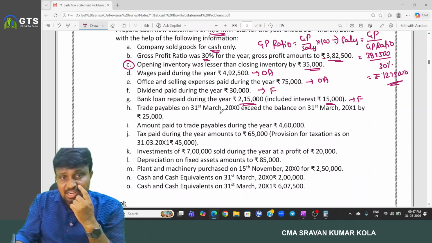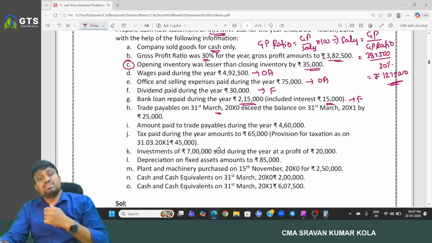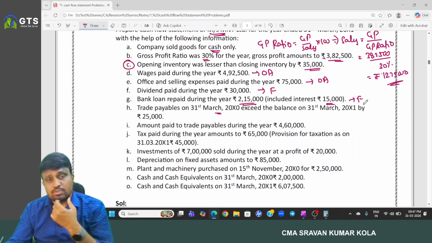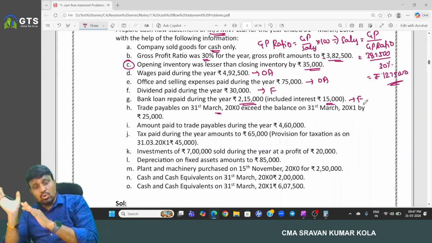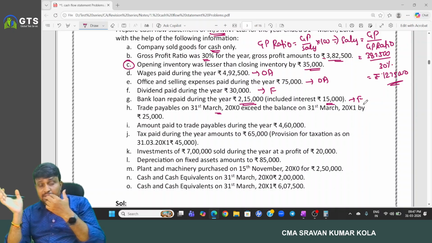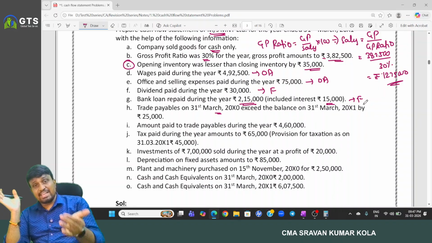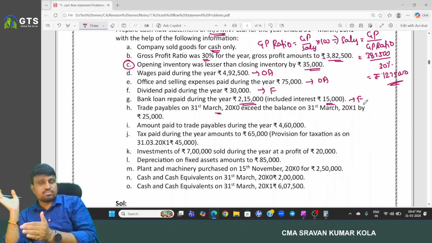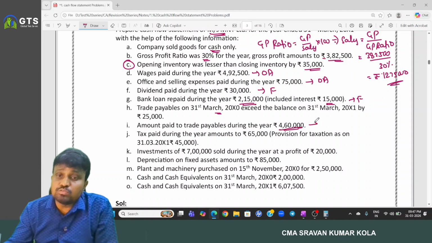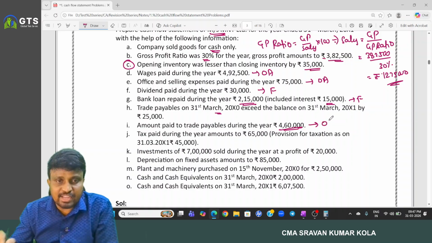Trade payable on 31st March 20X0 exceeds the balance on 31st March 20X1 by 25,000. So when compared with the closing balance, the opening balance is higher. The amount paid to trade payable, the amount paid towards the creditor, is an operating activity.